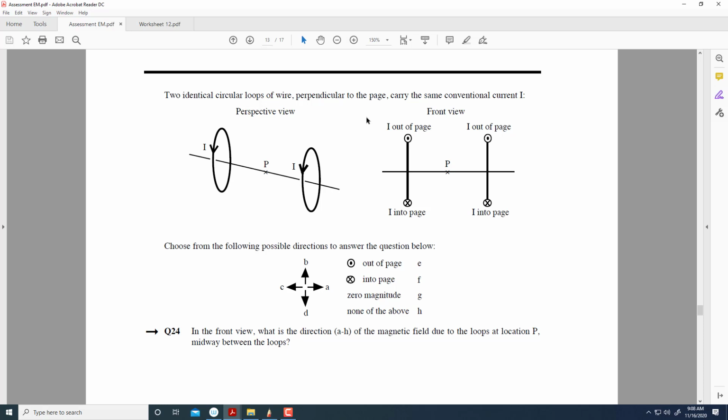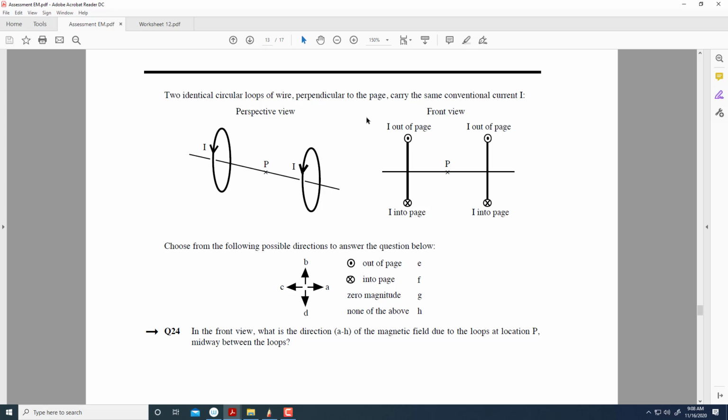Let's use the right hand rule. So imagine that you are looking at this one. Point your thumb towards the loop. So you have a loop like this. My current is in the opposite direction, so this is the loop, and the current is going counterclockwise.